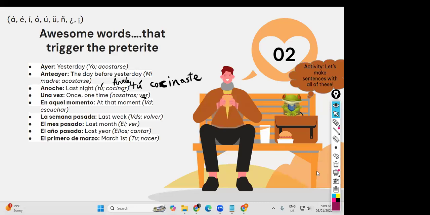So nosotros vimos, and however you want to complete it, I'm going to put un barco. Also, I left out una vez. We are putting in the subject here as we're writing it in an exercise in class, but you don't need to put in the subject.